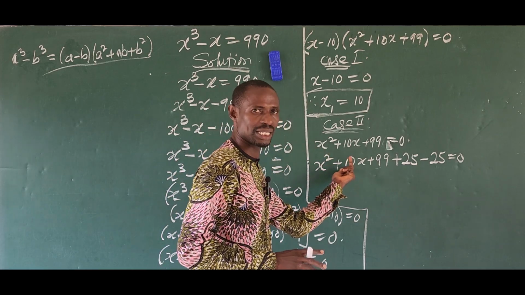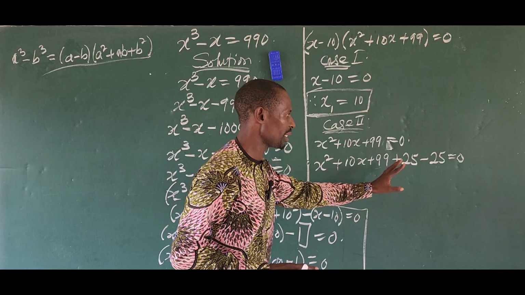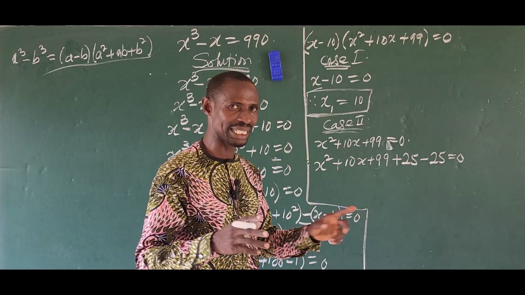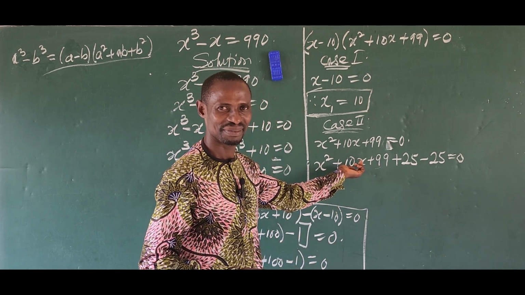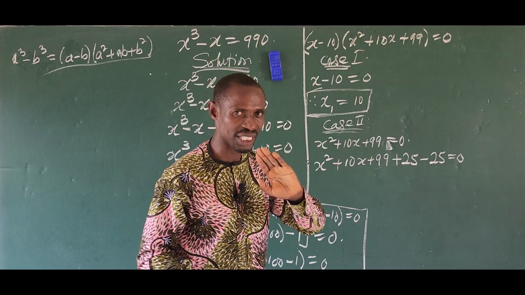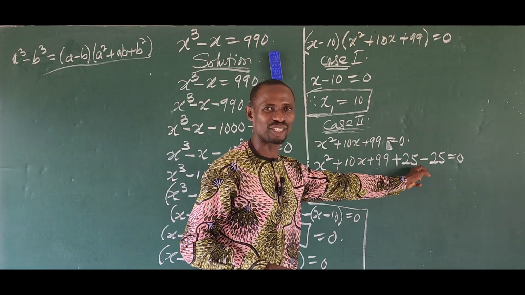Then look at this. Here we are having 10. If I rewrite this applying some algebraic identity, I want something that will give me 10 here. Do you get that? And so we have 2 times 5 will give us 10. And that is why I decide to pick this 25 here.